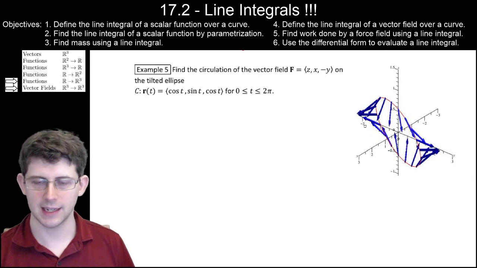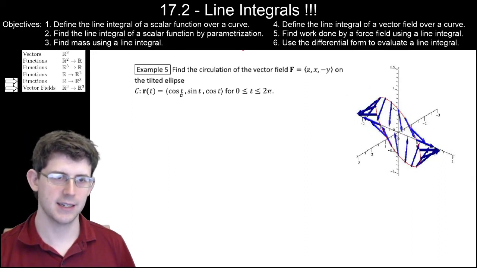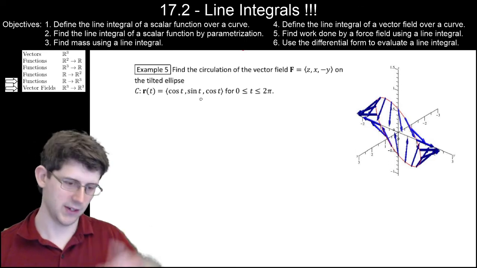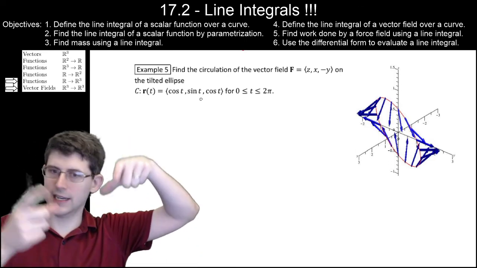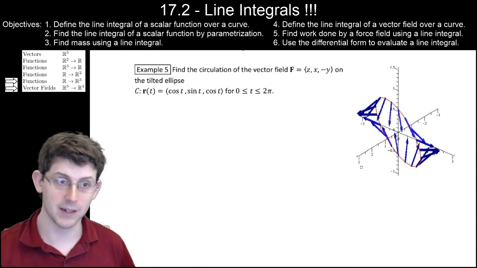Okay, let's do this. I've got some arrows in space and a curve in space. This is a tilted ellipse, so there's an ellipse however it's oriented, and then there's vectors pointing everywhere. And the question is, are the vectors helping or hurting?